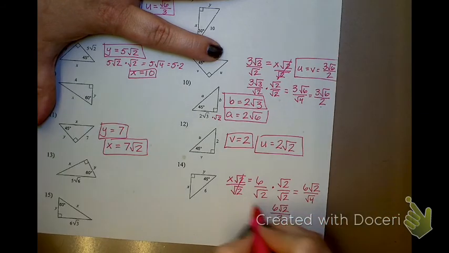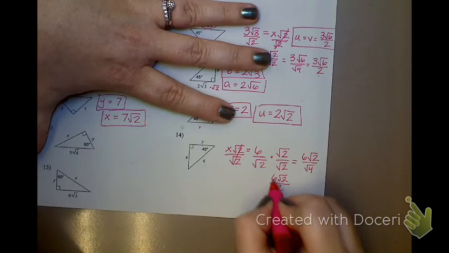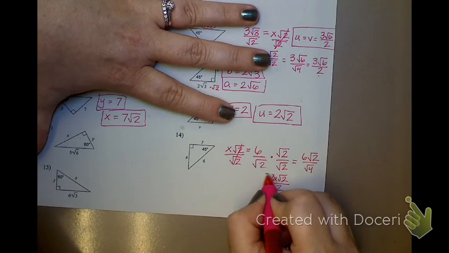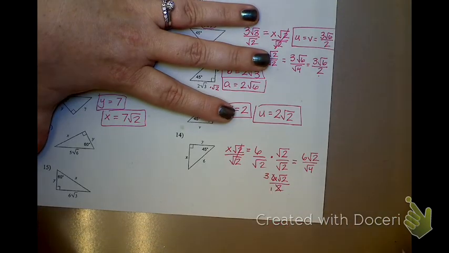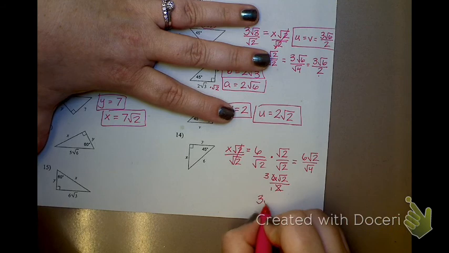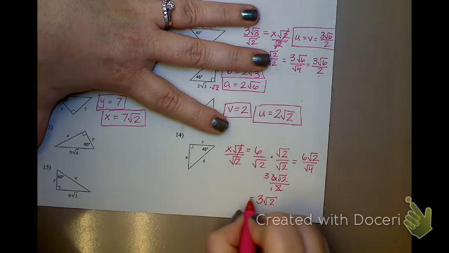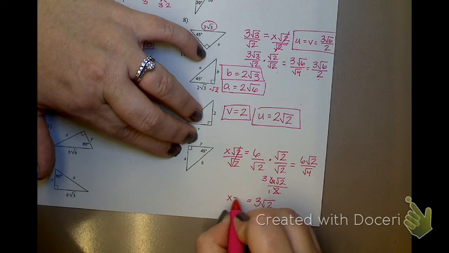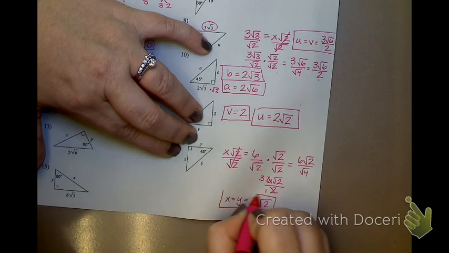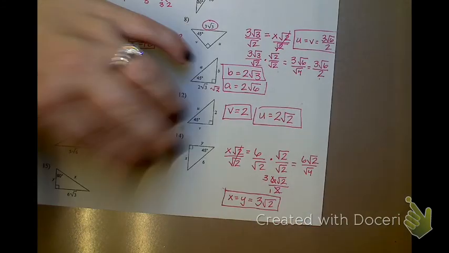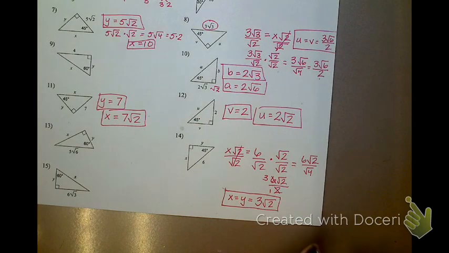Now that can be simplified because the 6 and the 2 can be reduced. That becomes a 3, that becomes a 1. So I have 3 radical 2 over 1, but I don't need to put the over 1. And that's going to be both legs, so x and y are both 3 radical 2. So there's all my 45, 45, 90s.